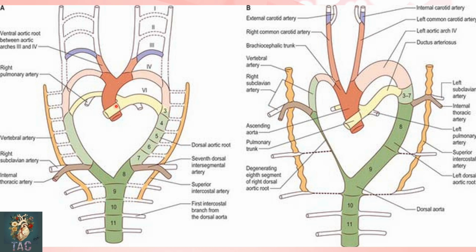When the 6th arch is forming, at the same time the aorticopulmonary septum is developing, and this aorticopulmonary septum is dividing the aortic sac into aorta and pulmonary trunk. When these two develop, the pulmonary trunk is connected from the right side of the heart via the ductus arteriosus to the descending aorta.